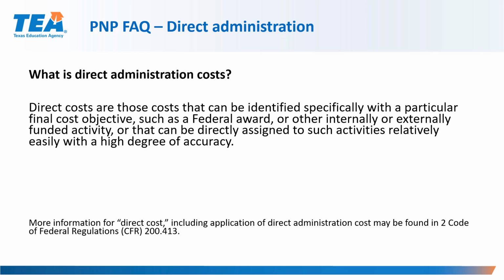Many LEAs and private nonprofit schools ask the question, what is direct administration cost? Direct costs are those costs that can be identified specifically with a particular final cost objective, such as a federal award or other internally or externally funded activity, or that can be directly assigned to such activities relatively easily with a high degree of accuracy.